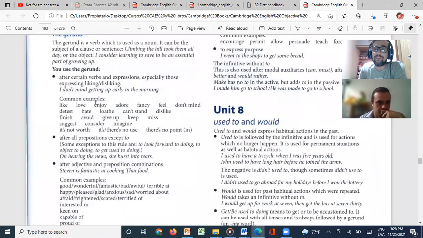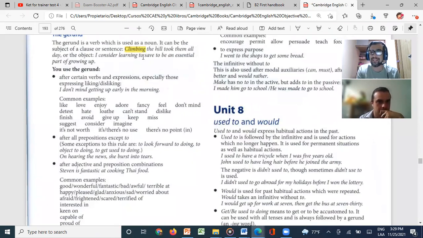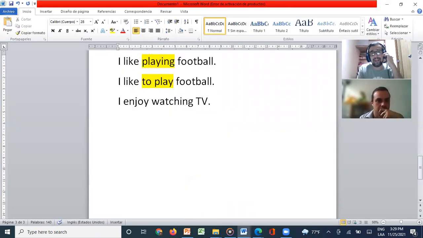For example, the first rule of using gerunds is when I'm going to use the gerund as the subject, como sujeto. You can say I like to play football, but maybe you don't want to start with I like.